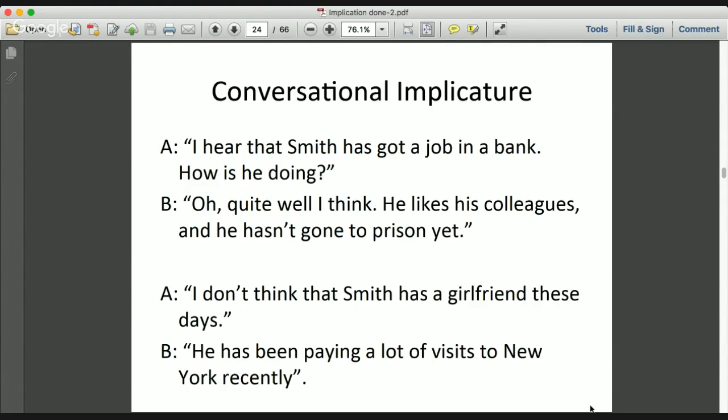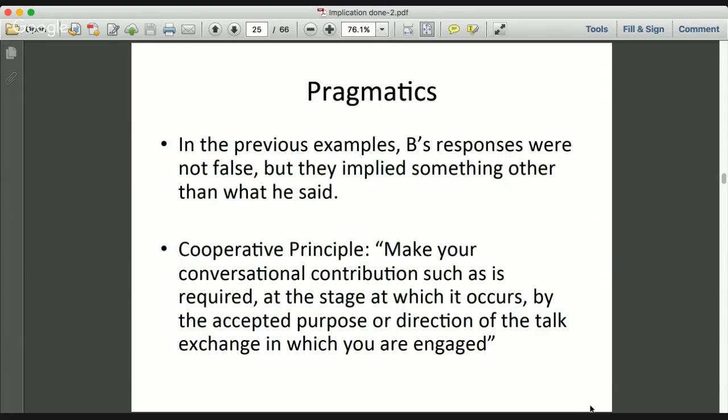B's reply to A in the second instance doesn't say, "Well, he does have a girlfriend, he's gone to see her in New York." He's just implying that without stating it. So he's implying more than he should. And in the first case, he's taken an implication from A's question that isn't really there.